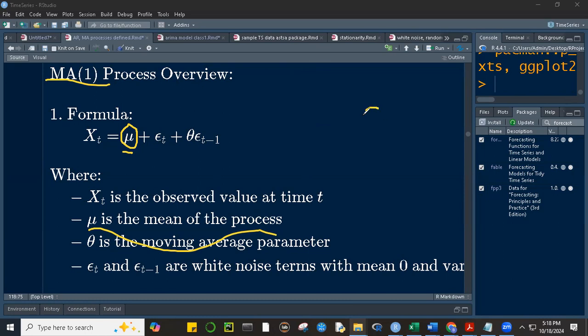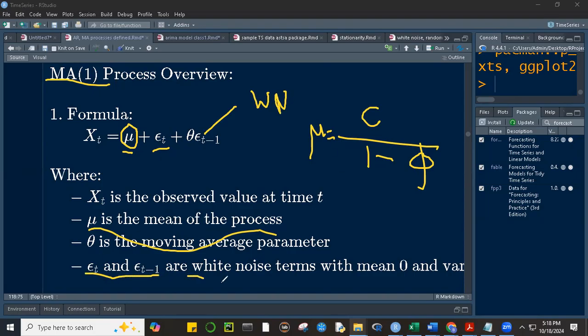So for the AR process, you have to compute c over 1 minus phi if it is an AR(1) process to get your theoretical mean. For the MA process, class, it is already given. Plus your residual white noise, and all the epsilon sub t are white noise. Epsilon sub t are white noise terms with mean 0 and constant variance. This is our parameter.